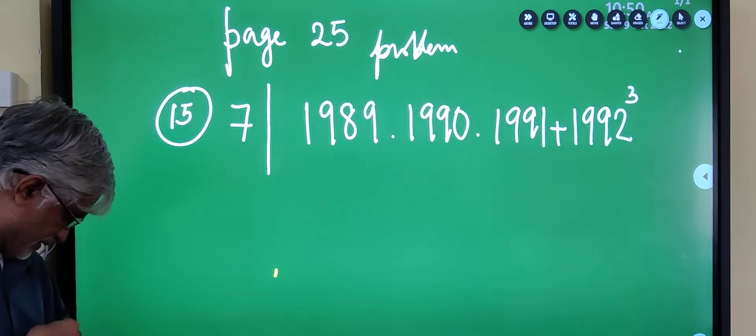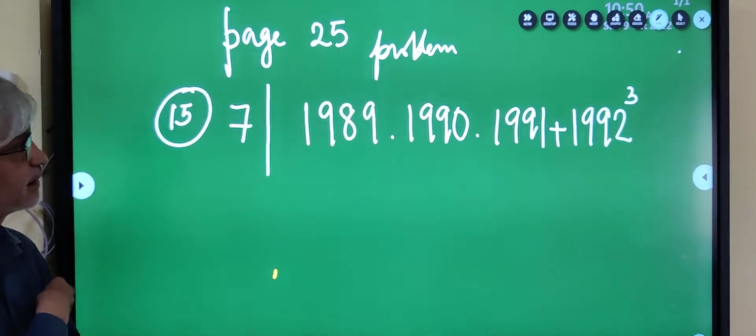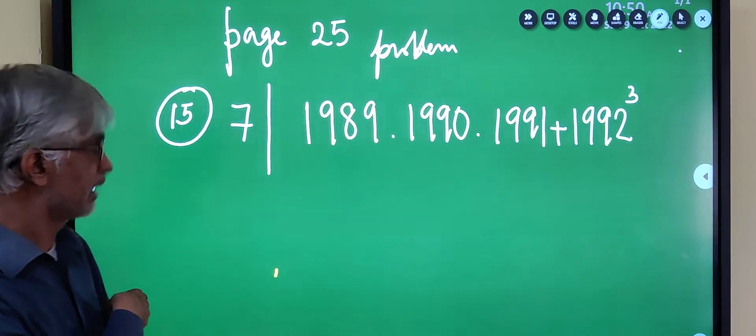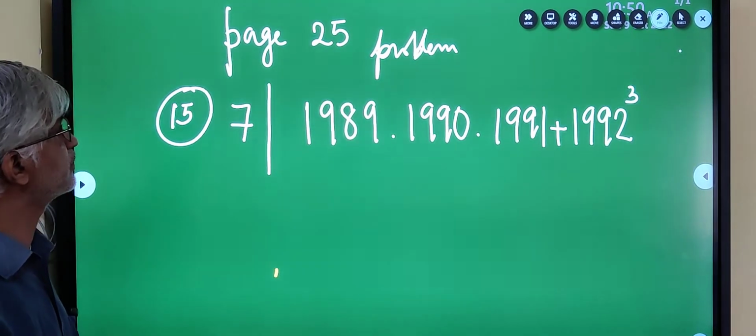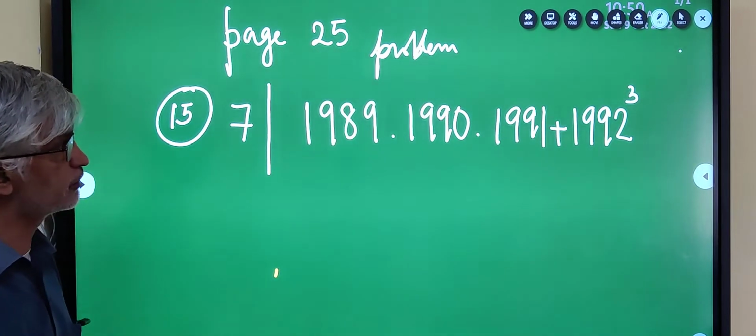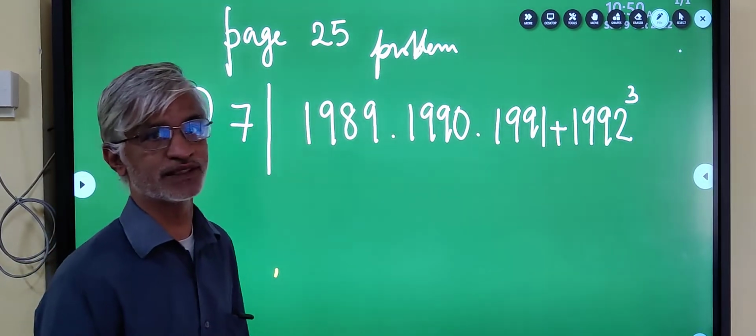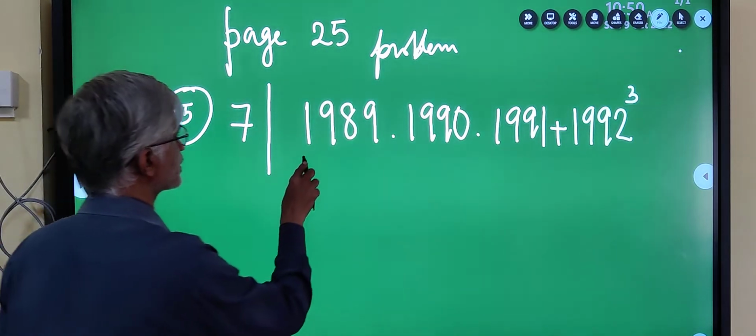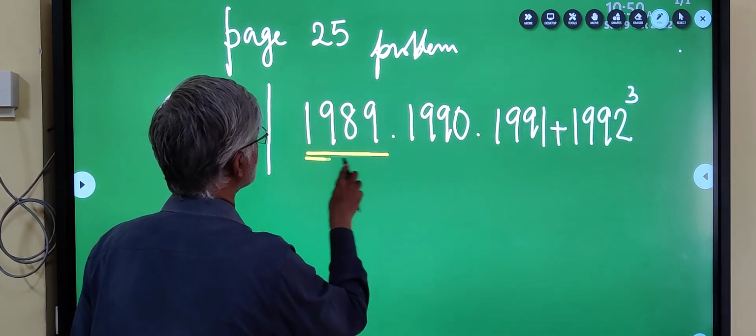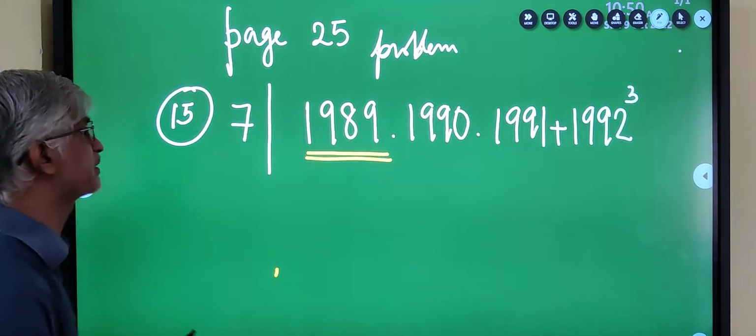And as you can see, this is a huge number, and the remainder when you divide by 7 can be easily found by the rule that we just learned. So let us focus on the remainder of 1989 when you divide by 7.